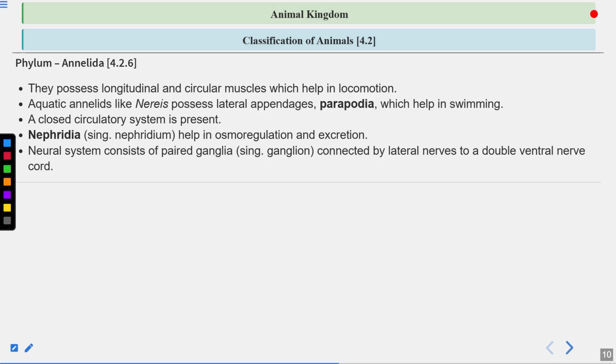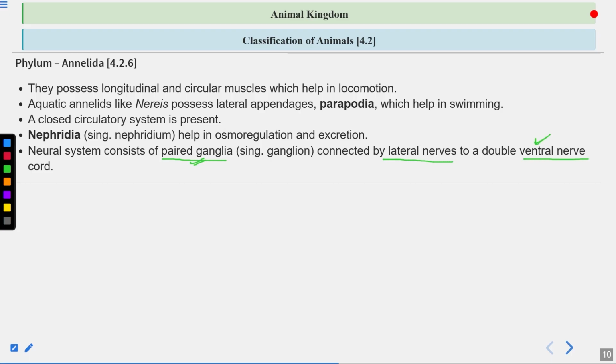The neural system consists of paired ganglia. Now, they do not have a brain. They do not have any brain, but still many nerve cells unite together and form a clump of nervous tissue that is called ganglia. And from the ganglia, lateral nerves arise to the double ventral nerve cord.